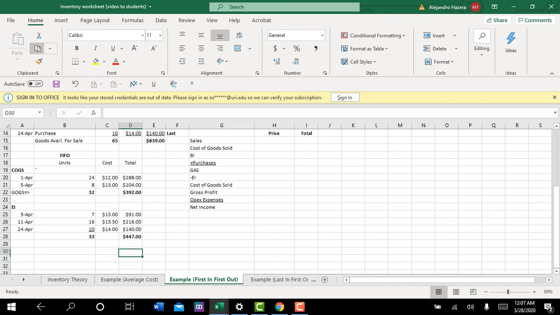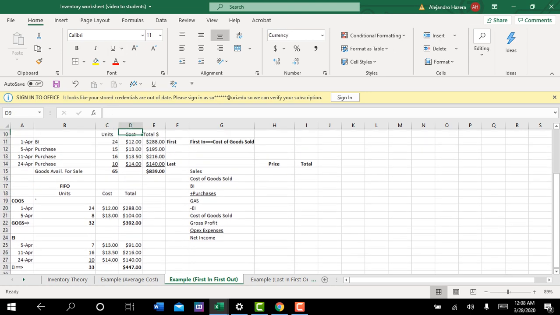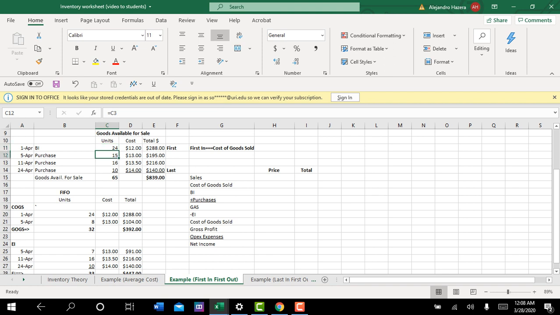That's your ending inventory, $447, and that is your cost of goods sold. So we've got cost of goods sold of $392 based on selling these 24 and 8 of those 15. And we've got ending inventory, assuming we sold 7 of those 15, and then all those 16 and all those 10. That's based on first in, first out. As you can guess, last in, first out is the exact opposite.